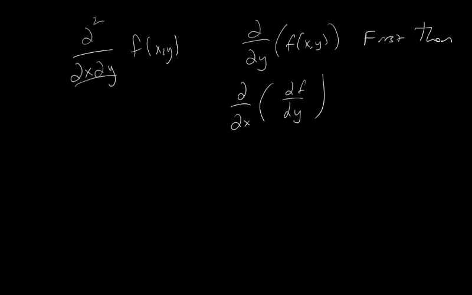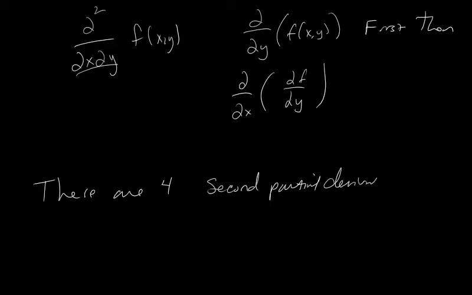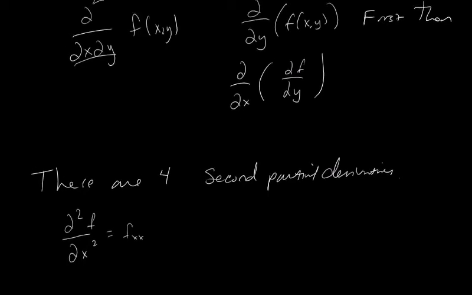And because we have choices here, we have two different ways we can go each time. There are a total of 4 second partial derivatives. So we have the partial squared of f with respect to x squared, so that is the partial with respect to x twice.